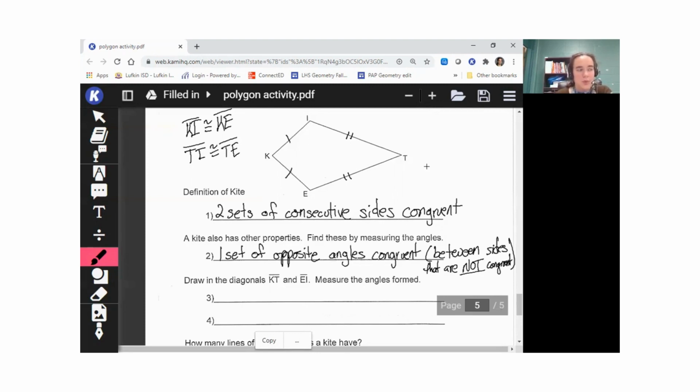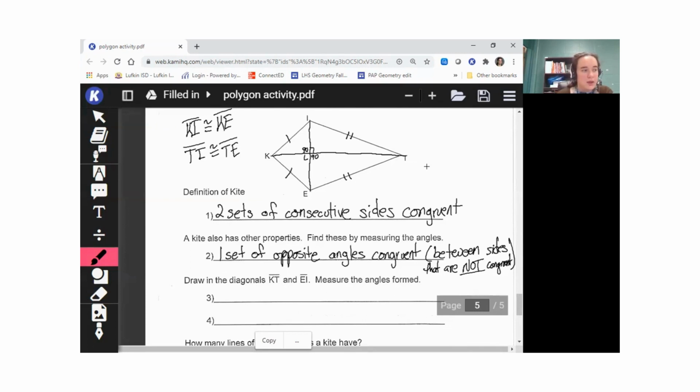Next up, the last two properties are found by drawing in your diagonals. Again, you use a straight edge, connect K to T and I to E. And the first one is if you measured where the diagonals intersect each other, you would find that you had all right angles.